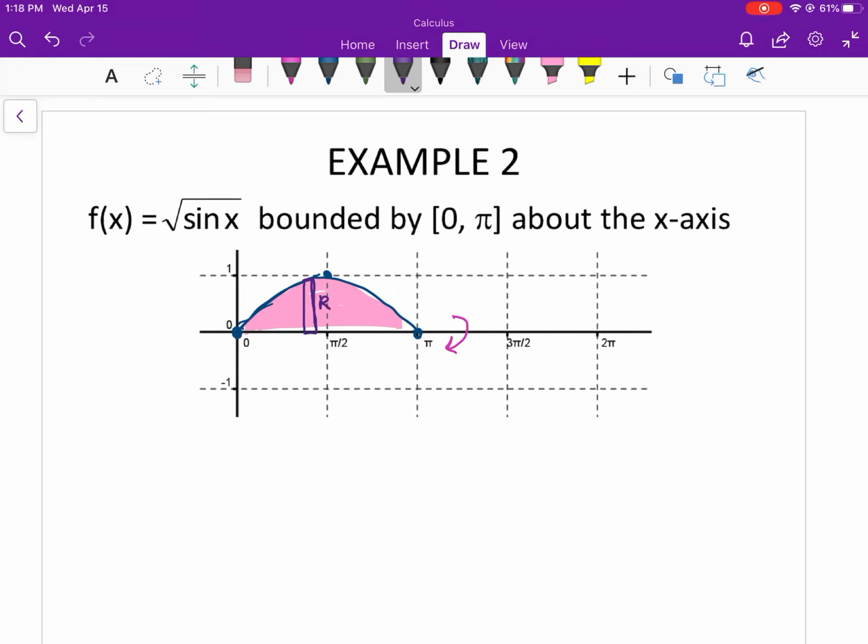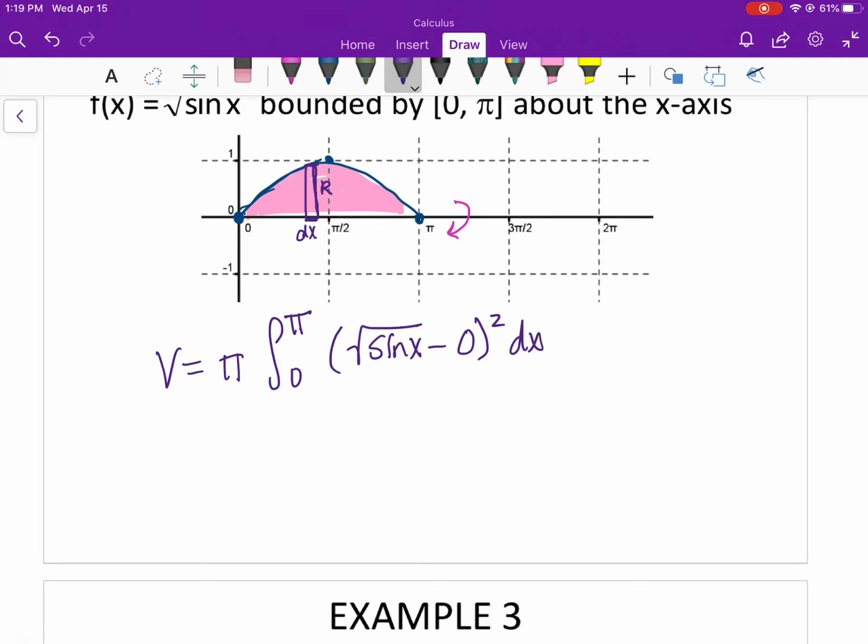This represents your r. And so volume is pi times the integral from a to b of your radius squared. So the top curve is the square root of sine x, and the bottom curve is 0. And we square that. This is horizontal, so that's dx. And we're good to go. So volume is pi times the integral from 0 to pi of sine x dx.